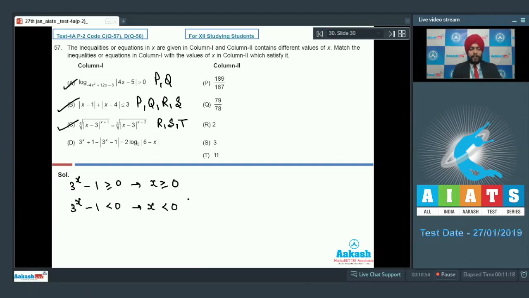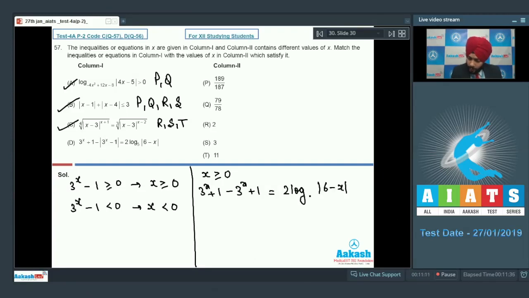So for the first case, if x is non-negative, what will happen? I'll get 3 power x plus 1 minus 3 power x plus 1 is equal to 2 log of mod of 6 minus x to the base 5. So we have mod of x minus 6 is equal to 5. From here x has two values, x equals 1 and x equals 11.